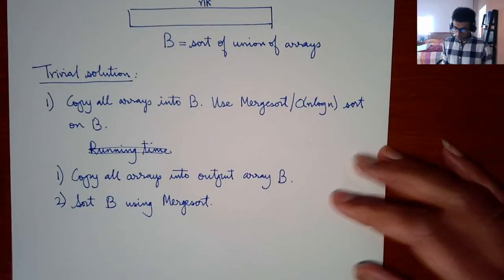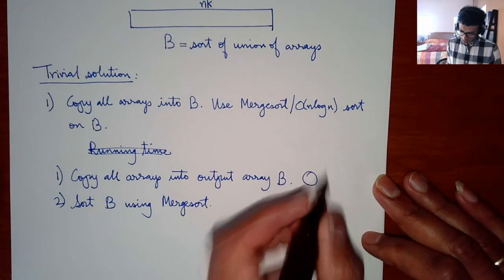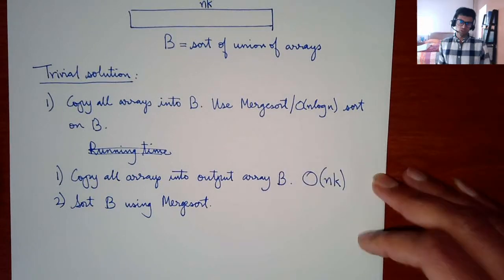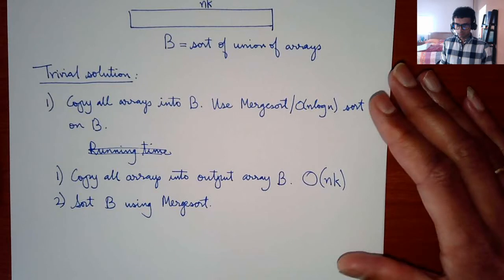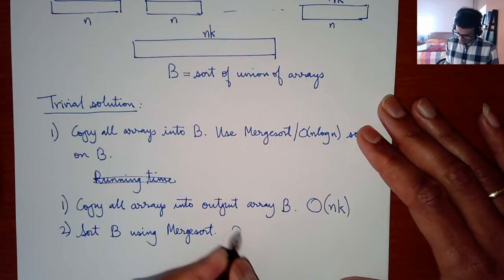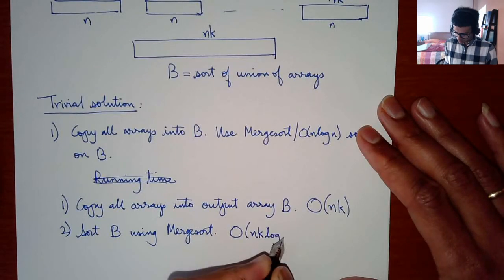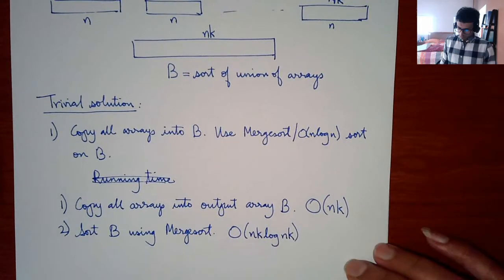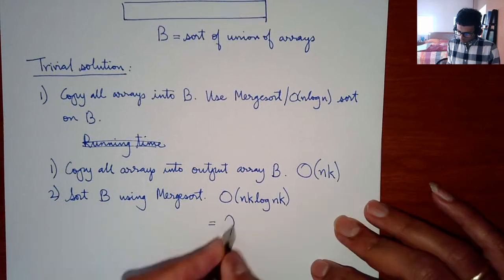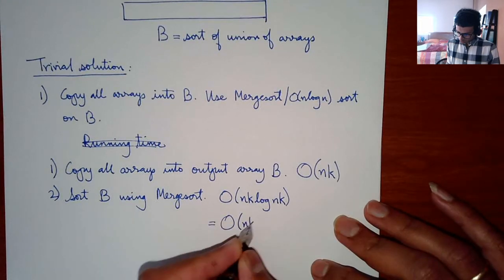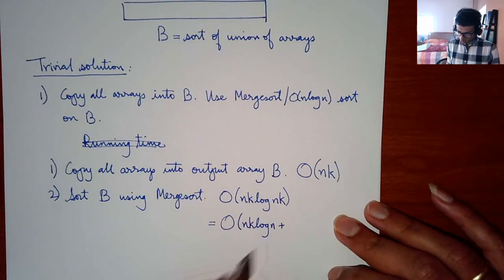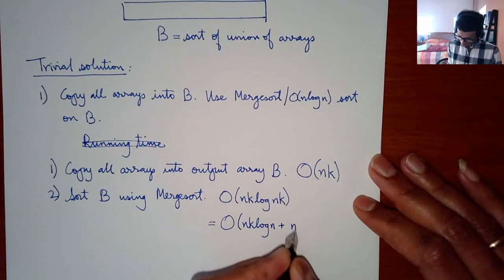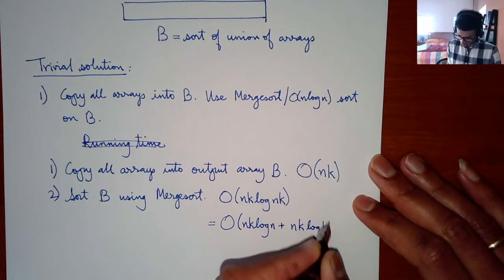What is the running time of this task? This is just O of n times k. You have to copy everything. And what is this? This is O of nk log nk. And just using the properties of the logs, this is O of nk log n plus O of nk log k.